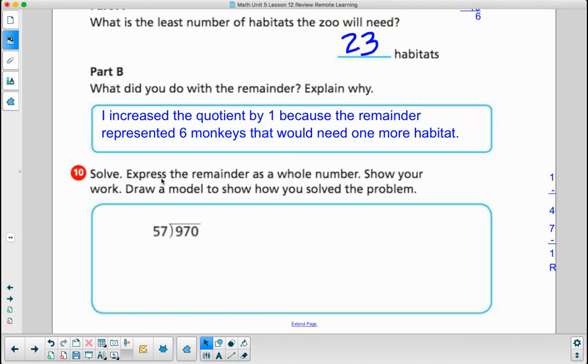Number 10 says solve, express the remainder as a whole number, show your work. Draw a model to show how you solve the problem. So 970 divided by 57. I wouldn't divide 9 by 57, but 97 divided by 57, there is 1 in there.